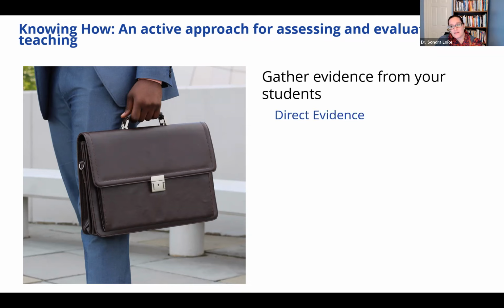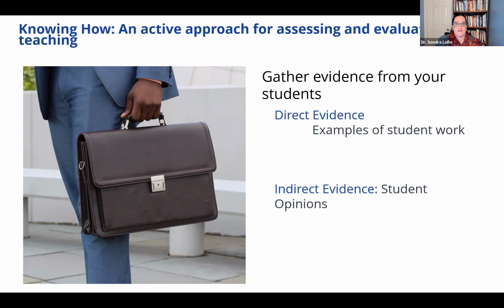Our Engage Teaching Model talks about direct evidence and indirect evidence. Direct evidence is things like examples of student work, pre and post assessments. What did you know before? What have you learned after? And I always say, don't discount reflective surveys when you're measuring students' learning growth.